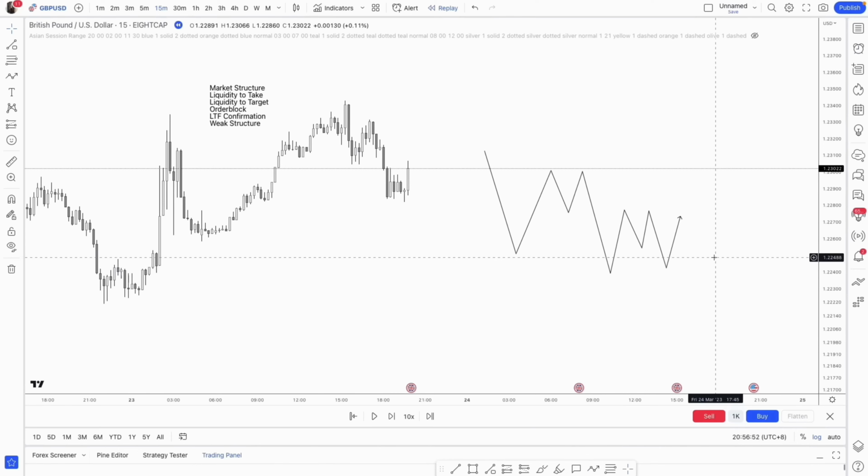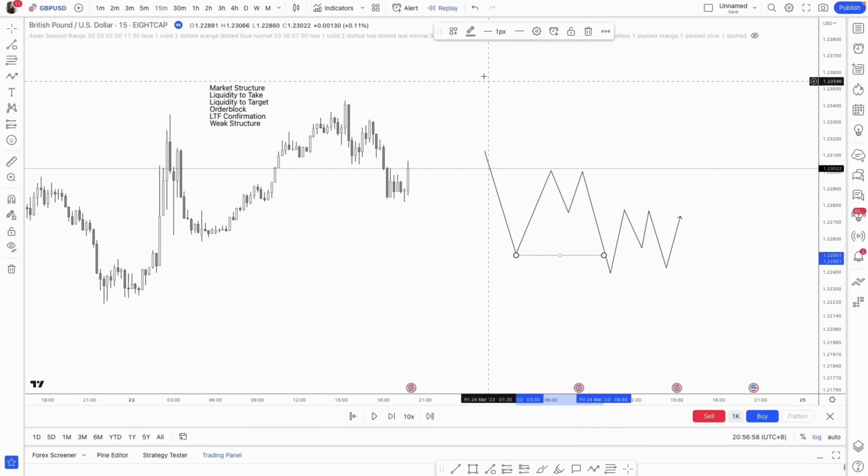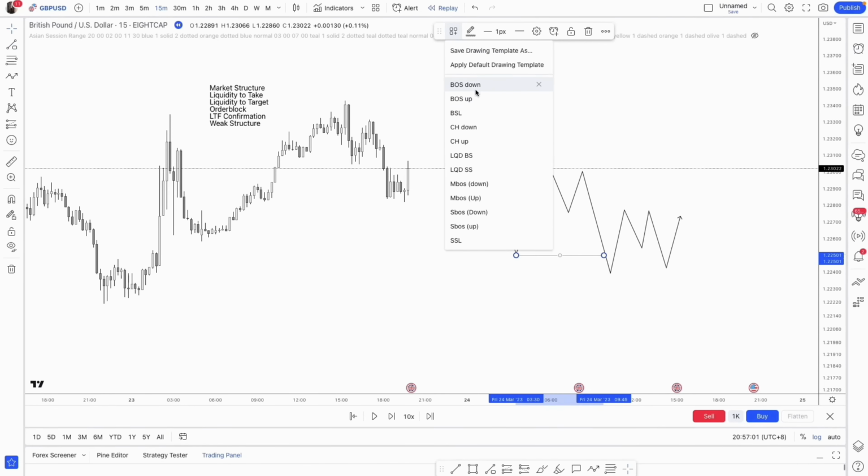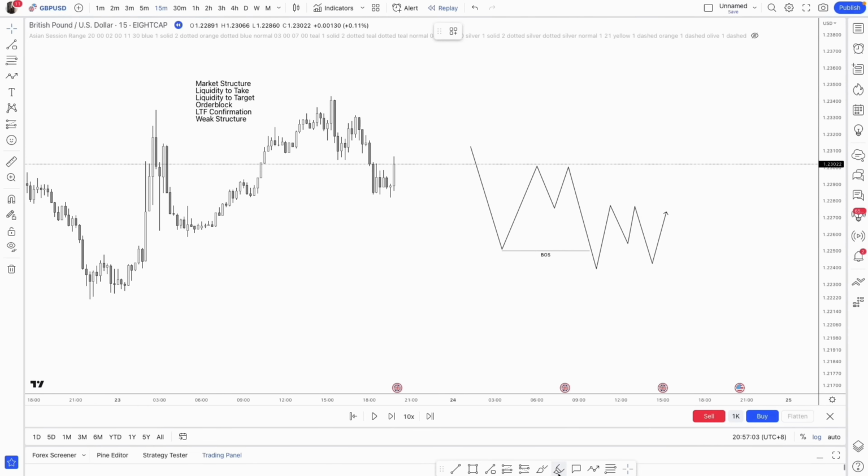So liquidity to take. Now let's say price puts in a break of structure. So when price breaks structure, like so, to the downside, we are ranging from the current high and the current low that broke that market structure. Now, when we get into order blocks, this is what we'll get into.